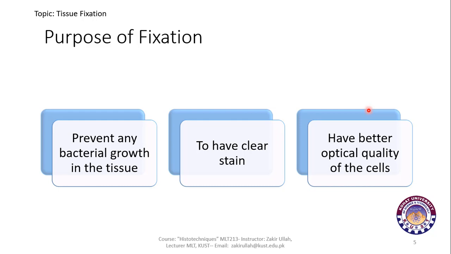When a good fixative is used for the proper time and the tissue is then processed, the tissue looks very clear and we can have a good diagnosis and study the tissue clearly.